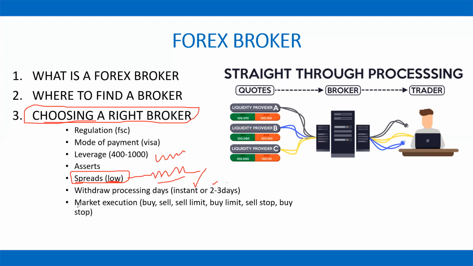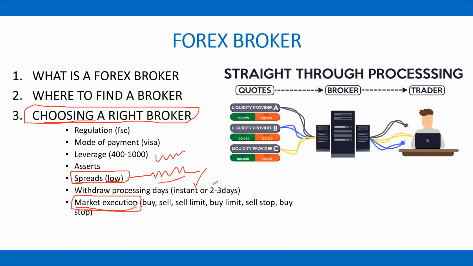And another thing is look into this. Does the broker offer market execution, or what market execution do they offer? Market execution is simply like orders, right? What kind of order execution do they offer?